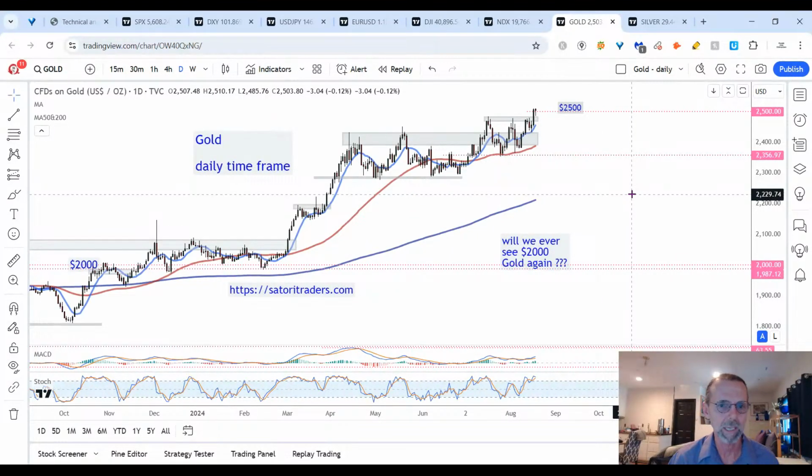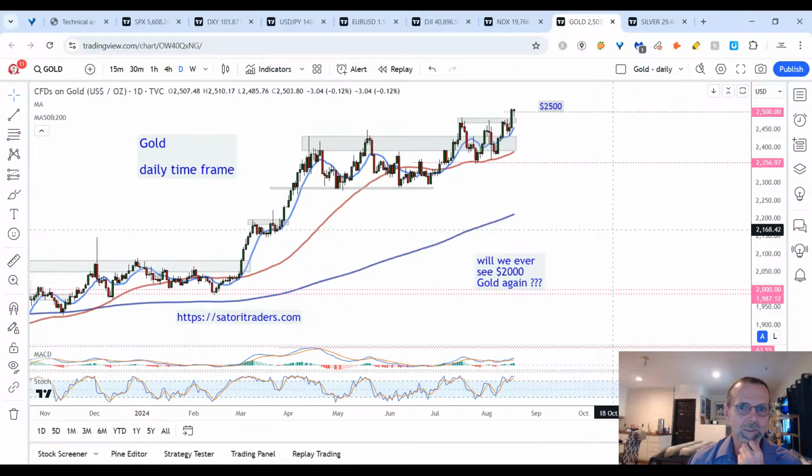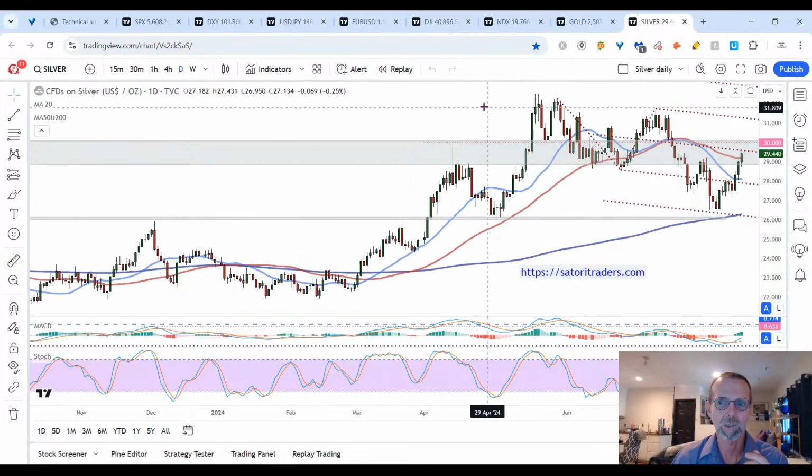Would not surprise me to see that happen quite quickly. So, bull mode in MACD, elevated energy. So gold's just looking real good in the daily time frame that we're looking at. And of course, it's looking good in all the other time frames as well.